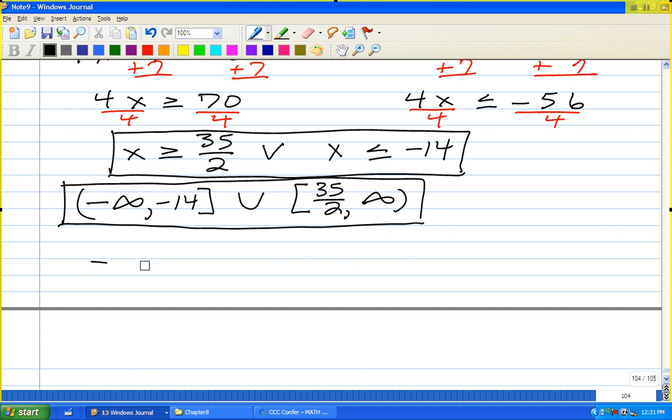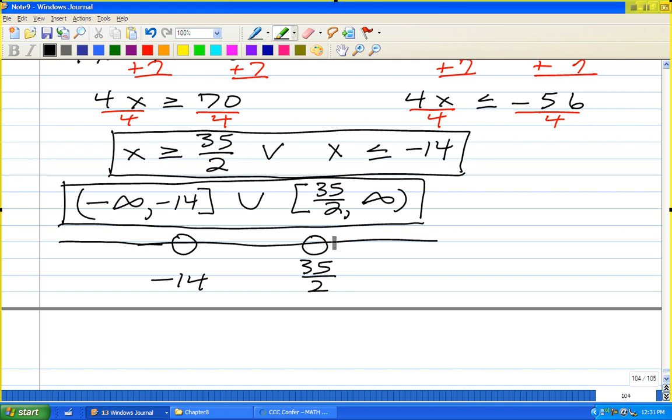And so I have here negative 14, 35 halves, and so it goes from negative infinity to negative 14, 35 halves to infinity.